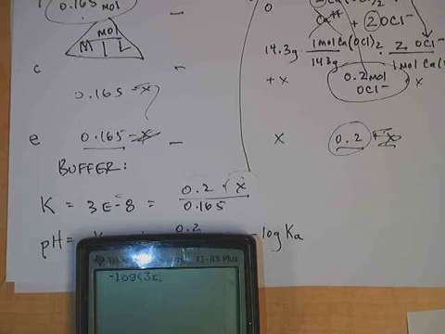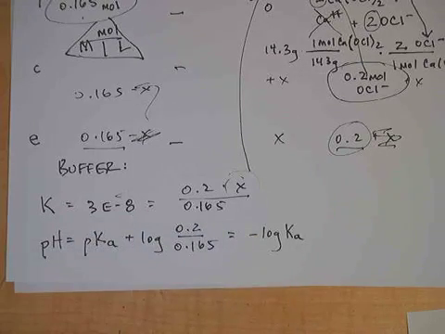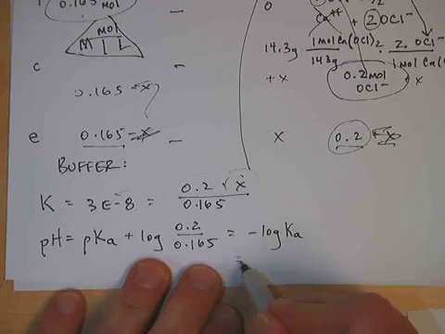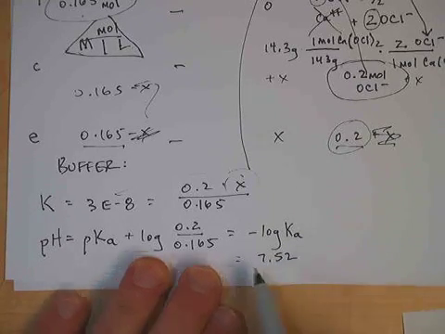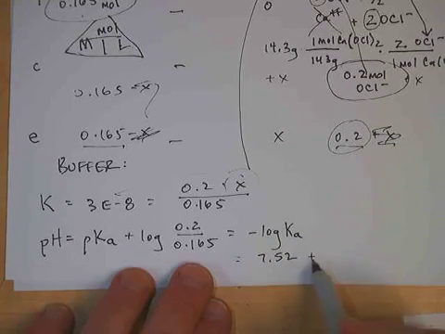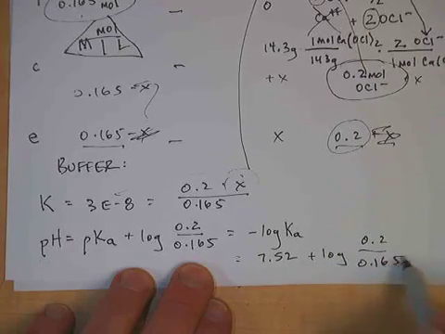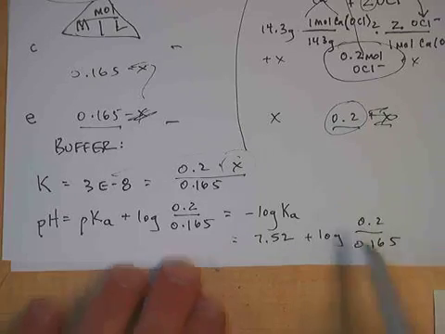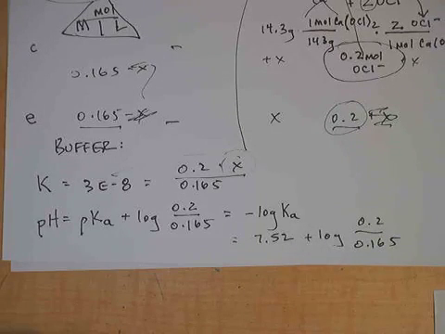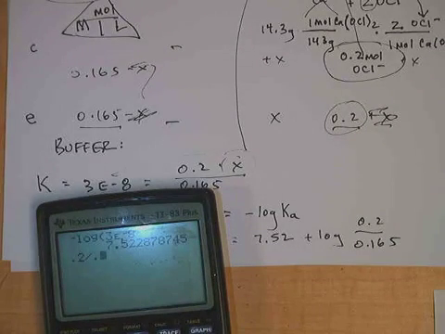Negative log, and my Ka is 3 enter exponent to the negative 8th, 7.52. So this ends up being 7.52 for the pKa plus the log of 0.2 over 0.165.